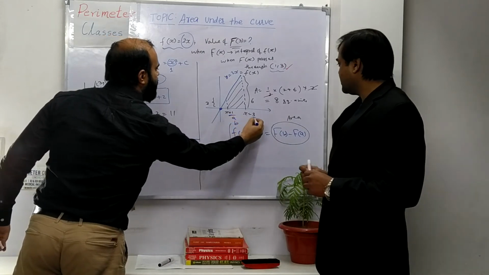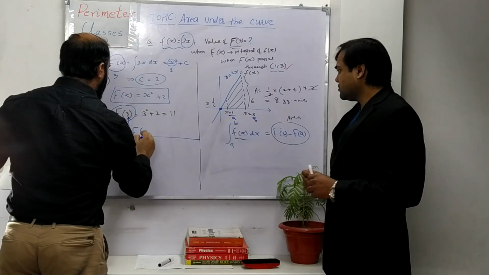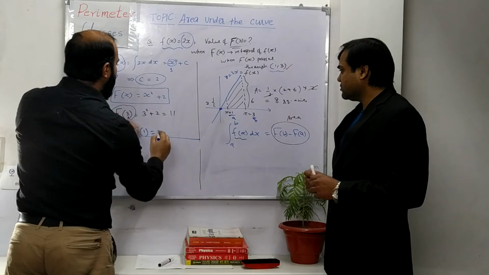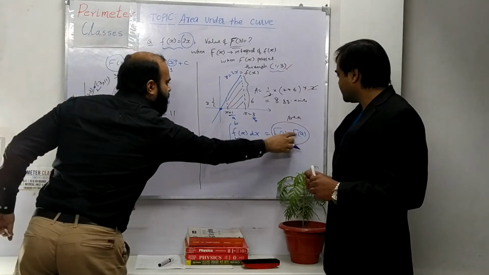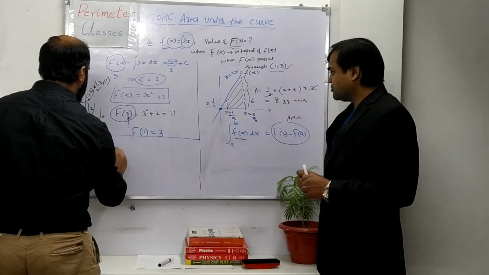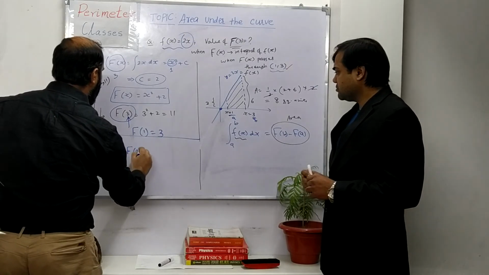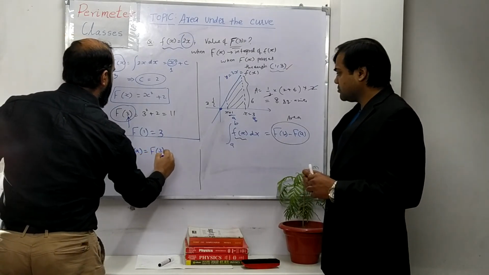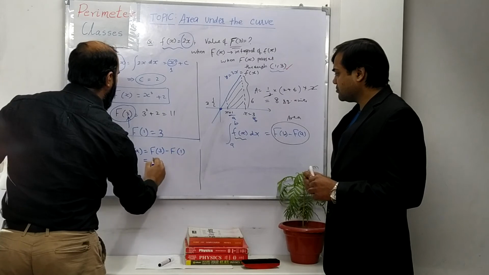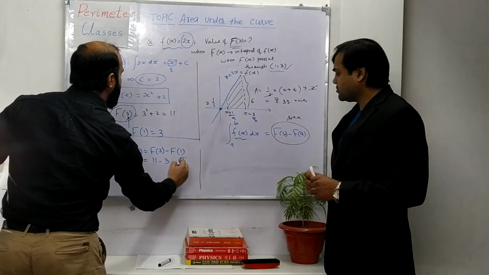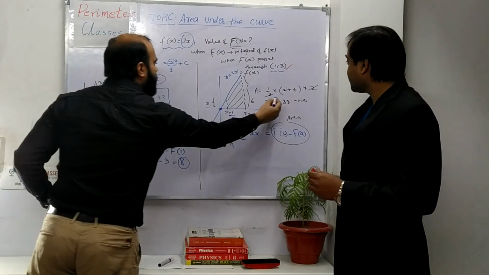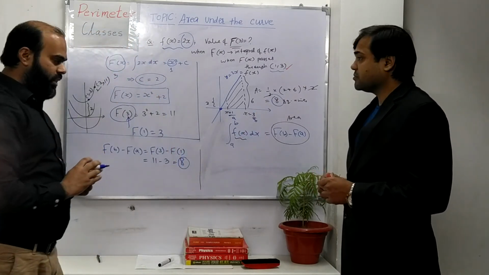This is a, this is b, so F(1). You put 1 here, you will get 3. So what is F(b) minus F(a)? It is F(3) minus F(1), which is 11 minus 3, which is 8 square units, the same value that comes out as the area.